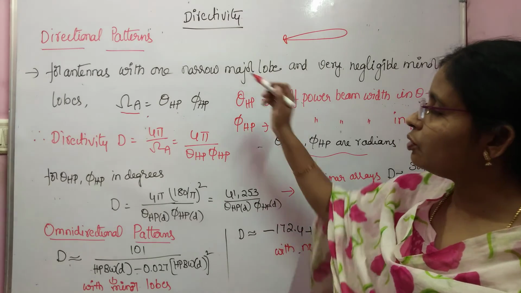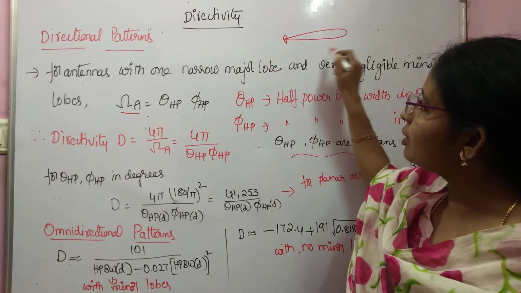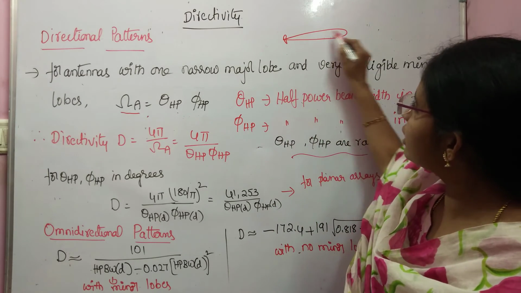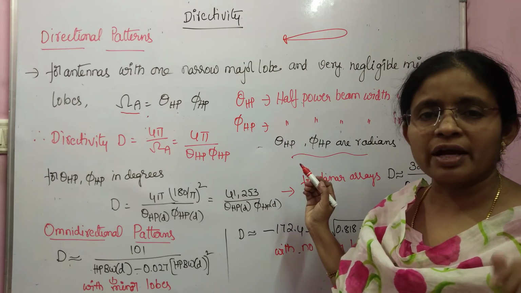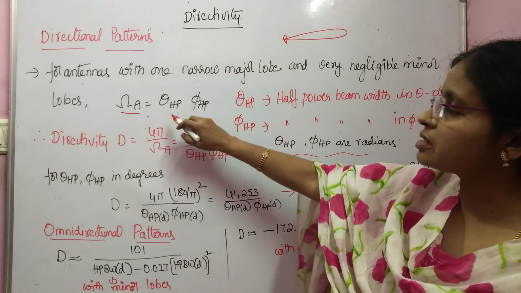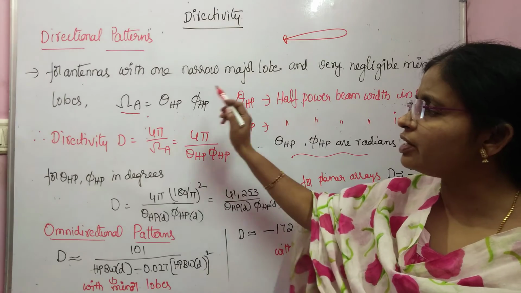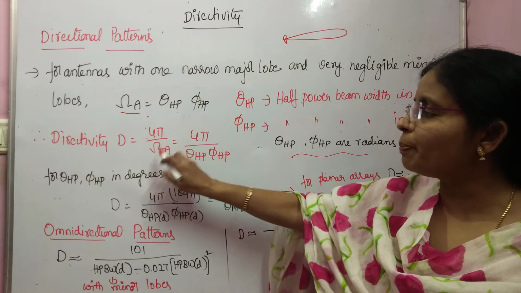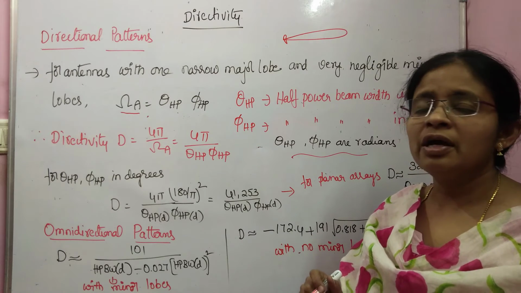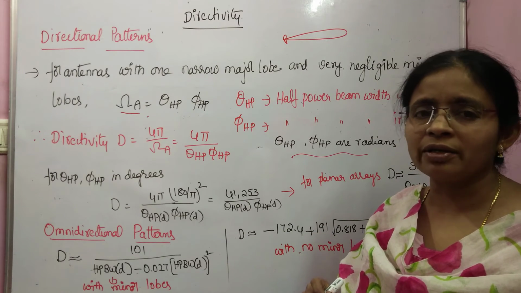Okay, and remember this is called the directional pattern. చెప్పాను నేను already, directional pattern అంటే ఒక డైరెక్షన్ లోనే maximum radiation ఉంటుంది compared to all other directions. For that type of pattern, yes, this is the beam solid angle formula. So you can write the directivity 4 pi by omega A as 4 pi by theta hp and phi hp, and theta hp, phi hp are in radians.